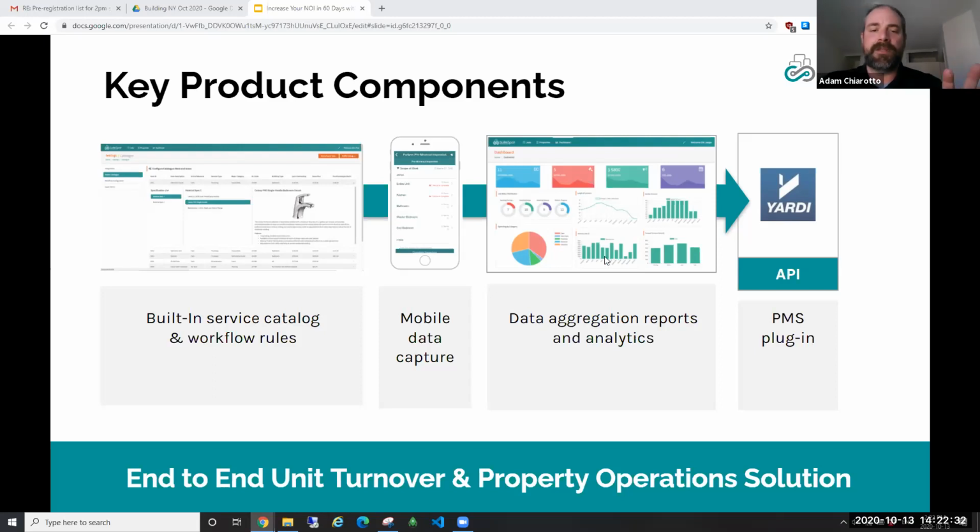We also have the output of the processes. So we've got our data aggregation reports and our analytics. They're going to tell you how you're performing. Does property A take longer to do their inspections? Maybe their inspections take 15 minutes versus property B, who only takes 5 minutes. But maybe the ultimate turnover time is 30% less because they spent that extra 10 minutes doing that pre-move out inspection.